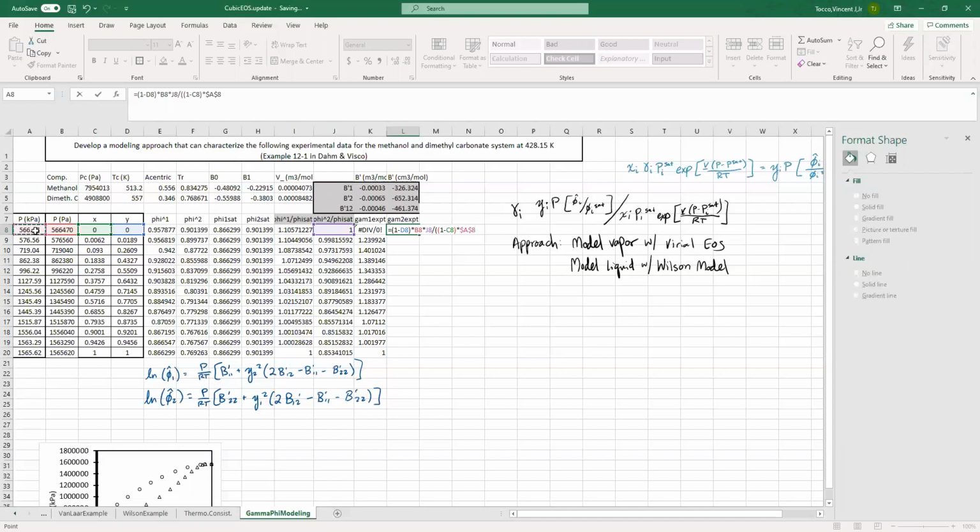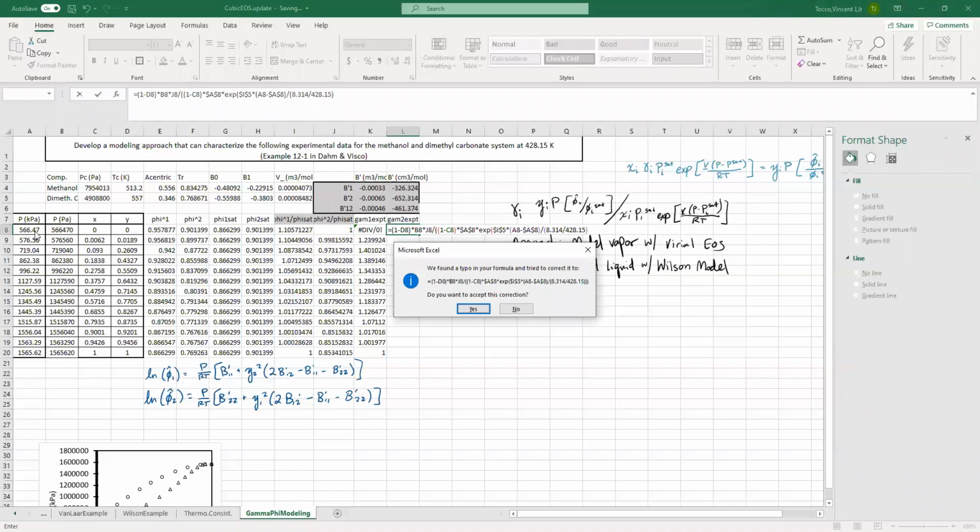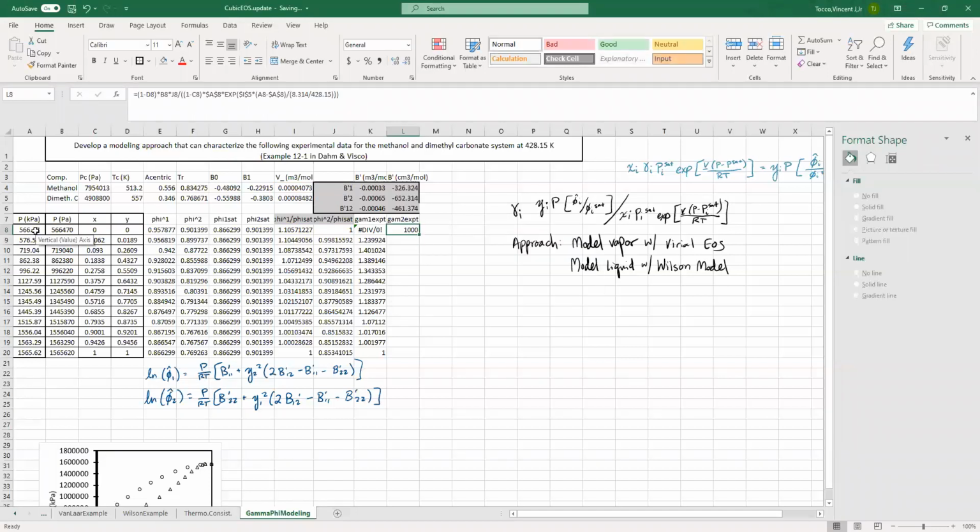Make sure to dollar-sign that one, times exponent of molar volume, dollar-sign that one, times P minus P sat, close parentheses, divided by 8.314 divided by 428.15. Uh-oh, typo. This should be 1.